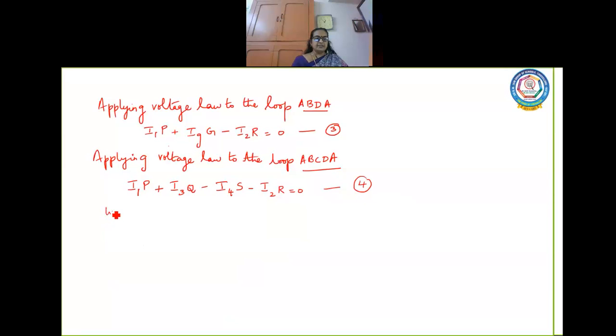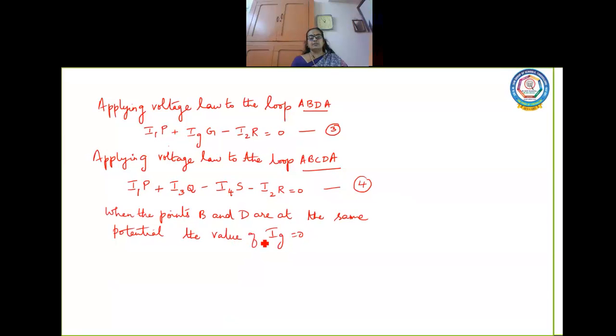Let me write here: when the points B and D are at the same potential, the value of Ig is said to be 0 and the bridge is said to be balanced.